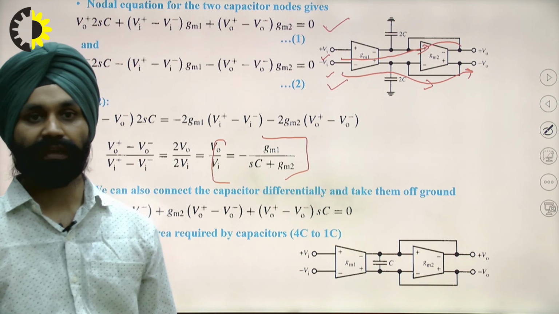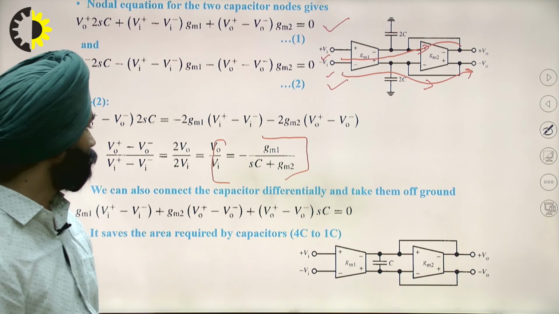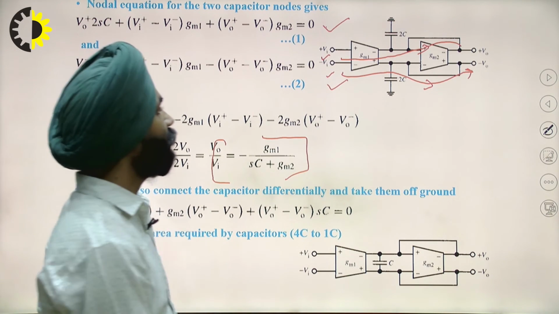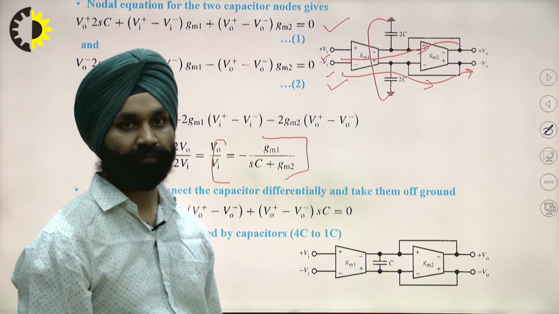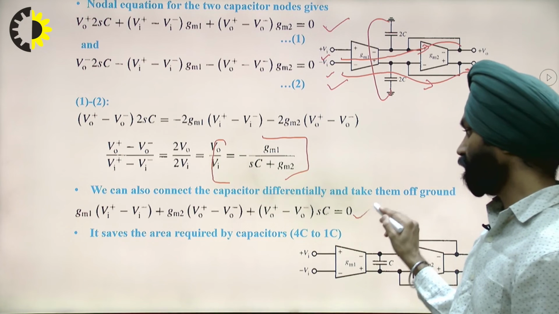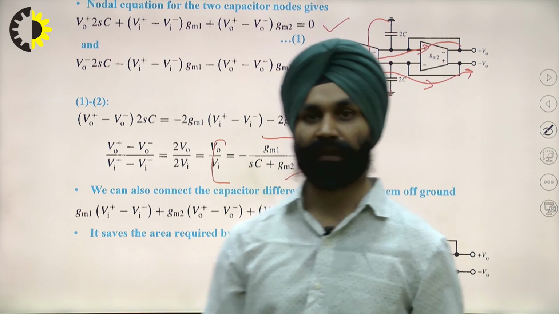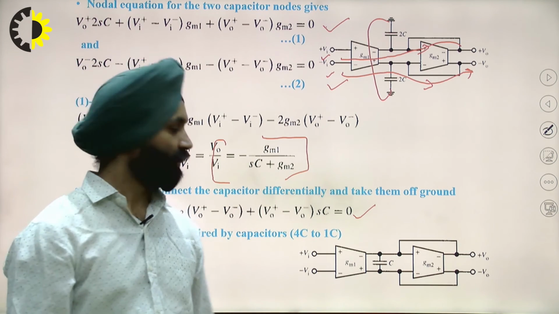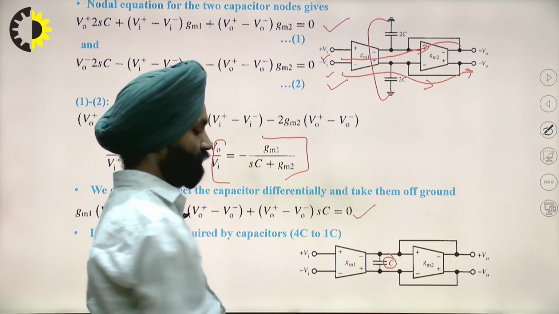Now we can connect the differential mode capacitors and take their grounds off. So if we join these two capacitors to each other, then the whole equation will be in this way. This will not only save the area but also eliminate the extra capacitor requirement. So when connected, it gives C instead of 2C.